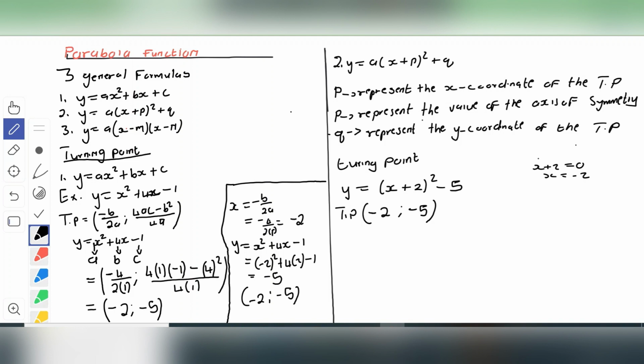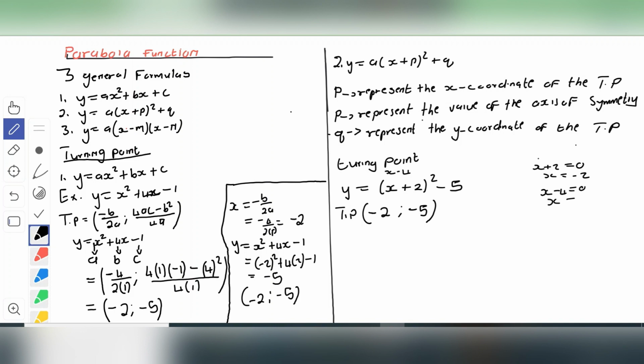So for negative 2, whenever it's x plus, let's say if it was x minus 4, whenever we write the coordinates or the axis of symmetry, we solve for x, which is x minus 4 is equal to 0.